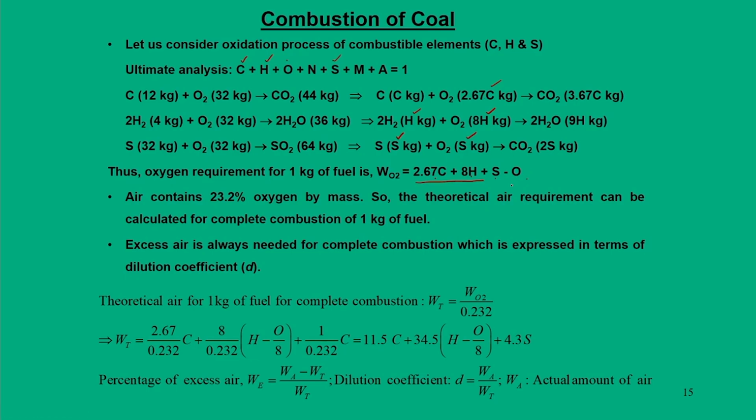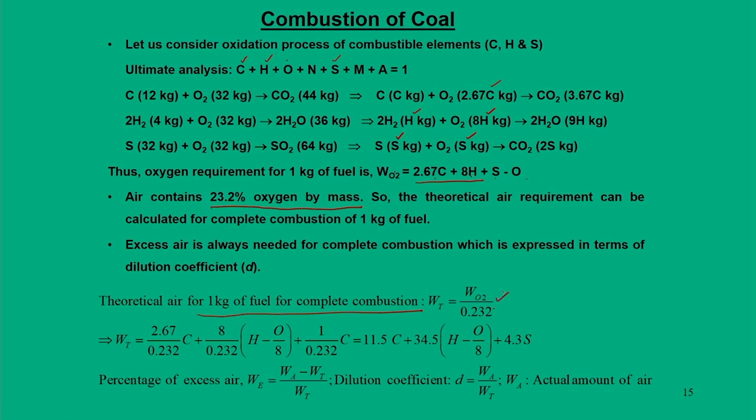So, this is the oxygen requirement, but we cannot get oxygen directly for such a large amount. So, we have to rely on the oxygen supply from air, but again air contains 23% of oxygen by mass. Correspondingly, to burn 1 kg of fuel for complete combustion, the total theoretical air requirement would be WO2 divided by 0.232.